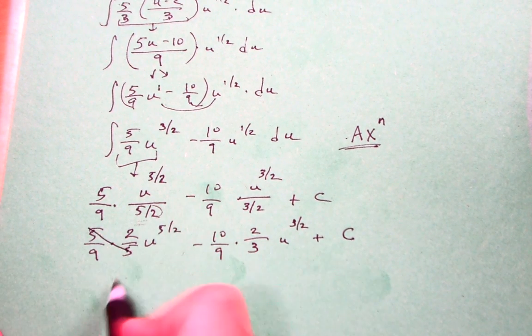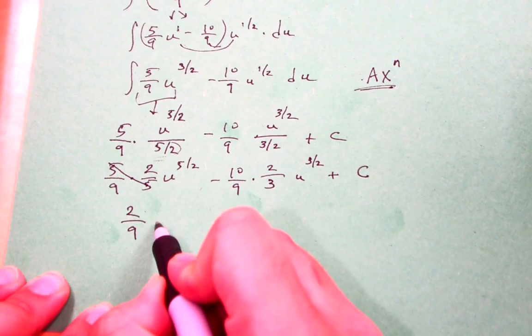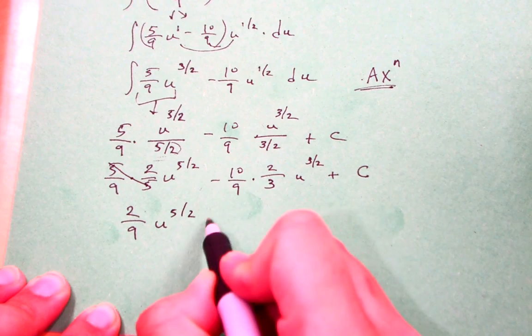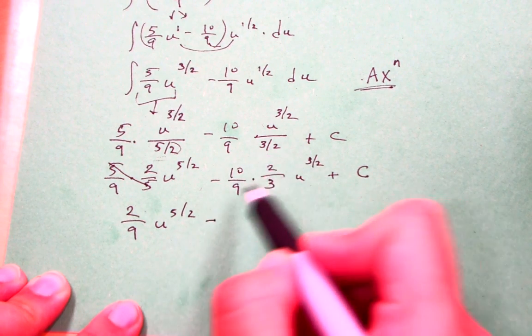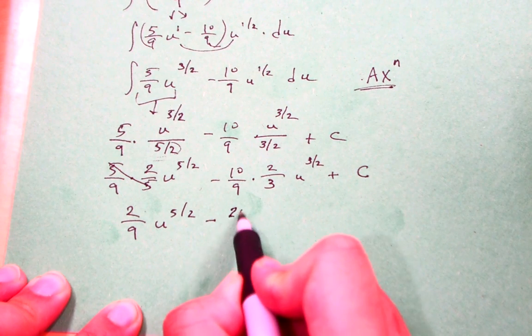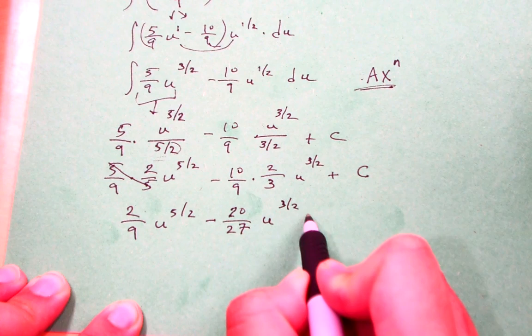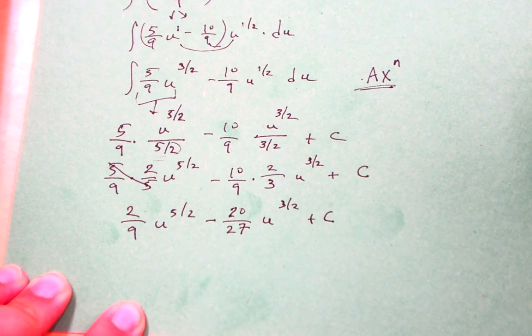I can simplify, and this gives me 2/9 u to the 5/2 minus, let's see, I can cancel here, minus 20 over 27 u to the 3/2 plus c. And that looks a lot cleaner.